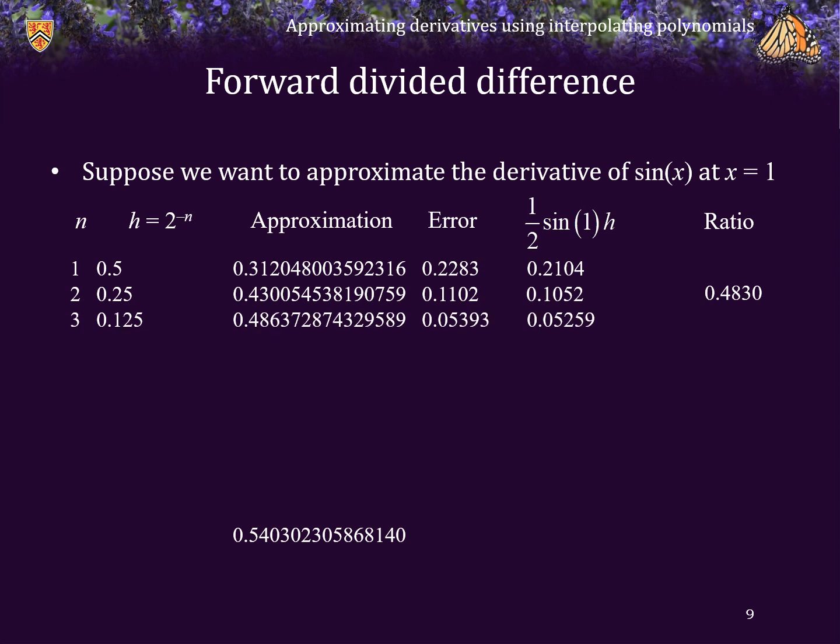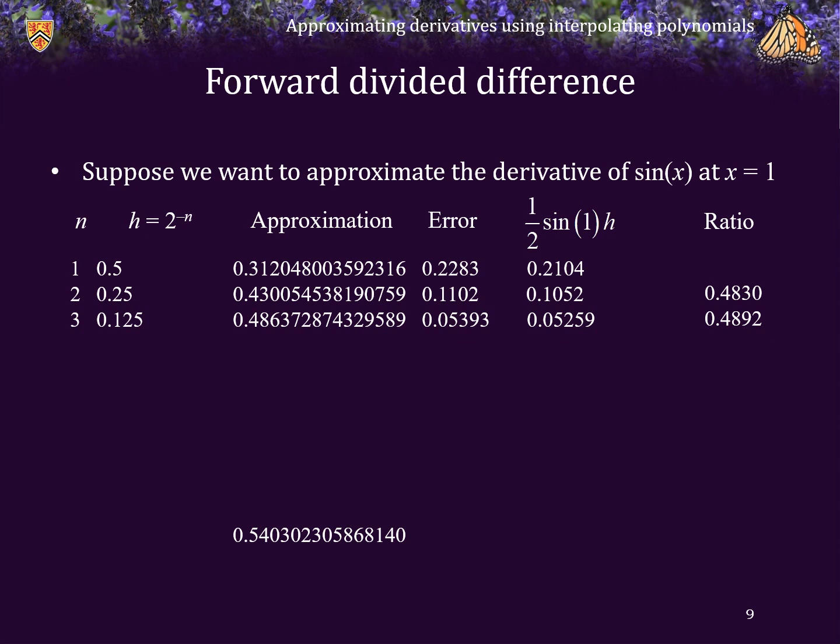Dividing h by 2 again, we get a better approximation. The error goes down. Notice 0.1102 is the previous error. 0.05393 is the next error, which is indeed approximately half. And once again, our formula does correctly predict it.